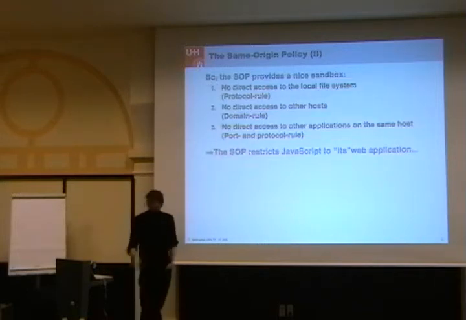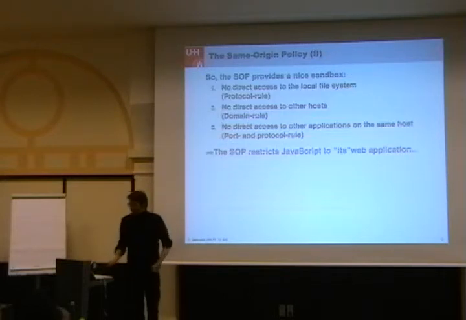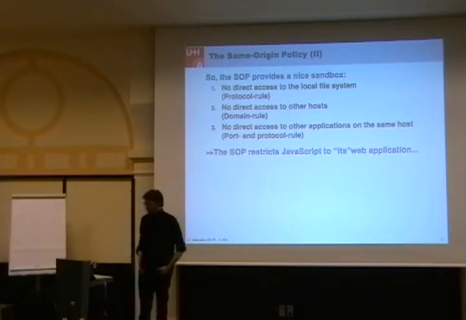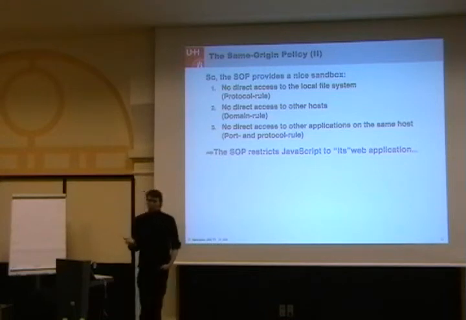So if you look at that, with protocol, domain, and port, the same origin policy actually defines a rather nice sandbox. We have no direct access to the file system, because the file system is accessed by the file meta protocol, while our web pages are accessed by HTTP, so the protocol rule matches here.